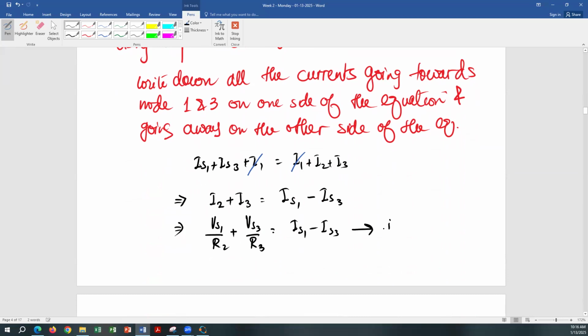That's going to be equation number 1, equal to IS1 plus IS3. All right, that's our equation 1.